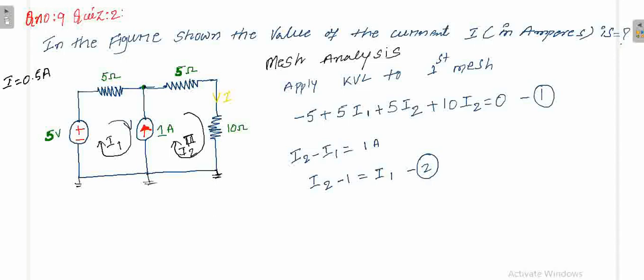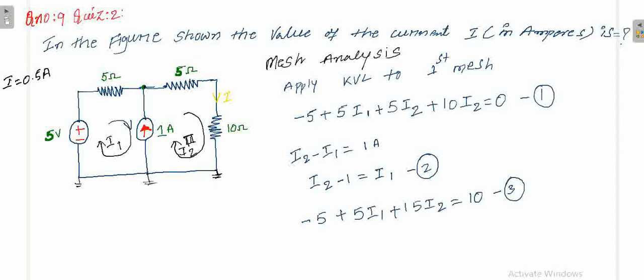Simplify equation number 1: minus 5, 5I1, 5I2, 10I2. So from this, minus 5 plus 5I1 plus 15I2 equal to 0. Let us consider this is equation number 3.